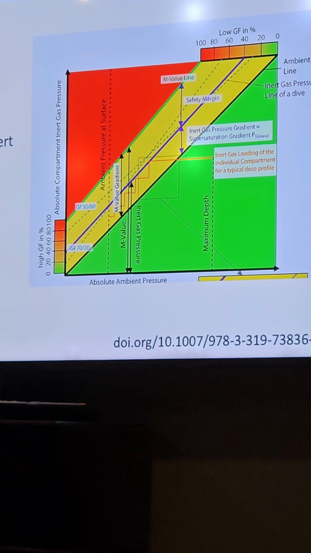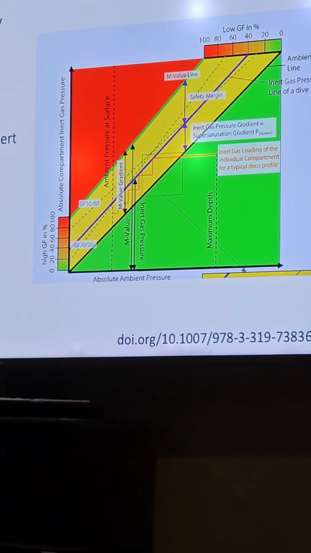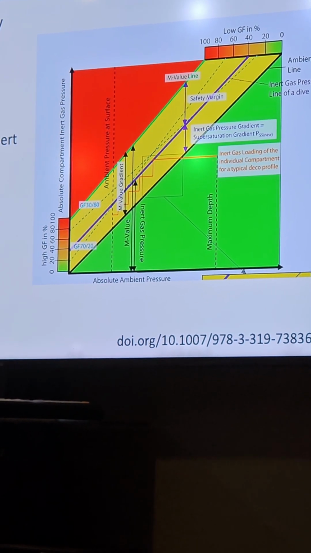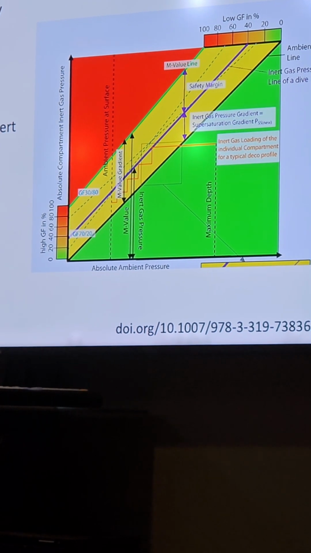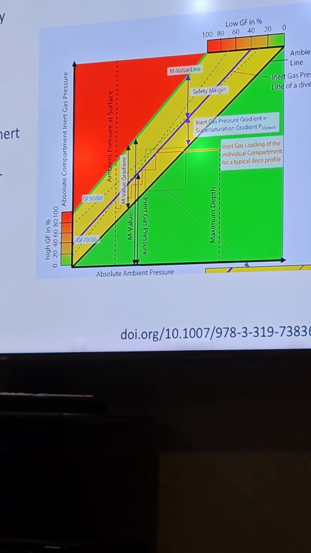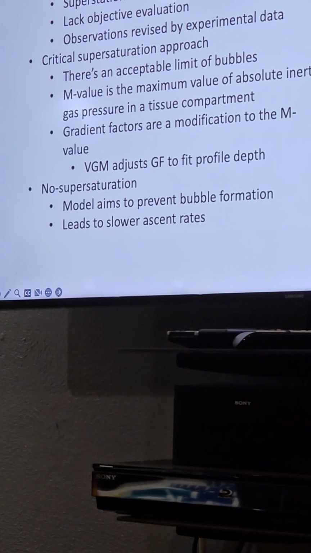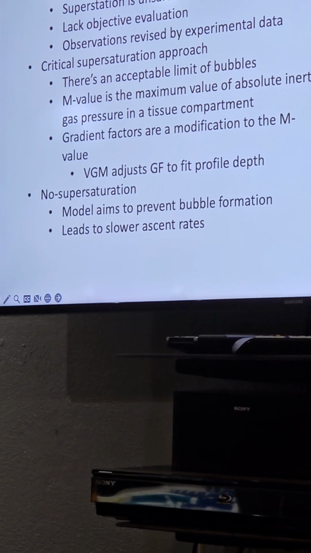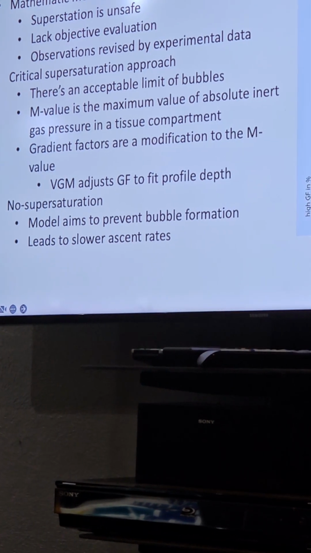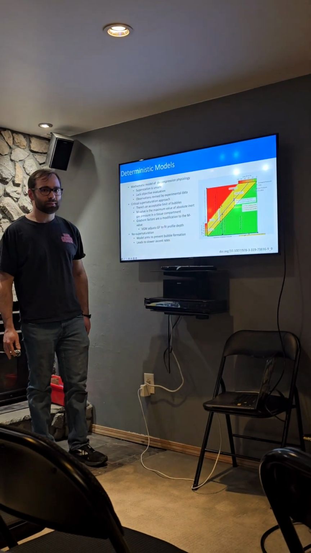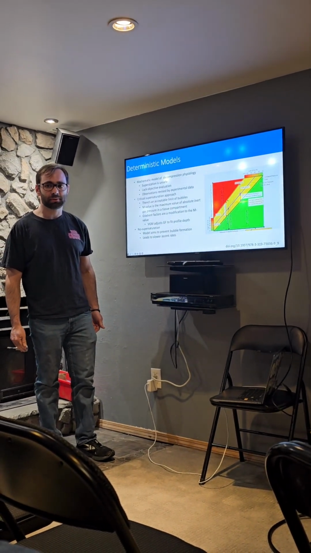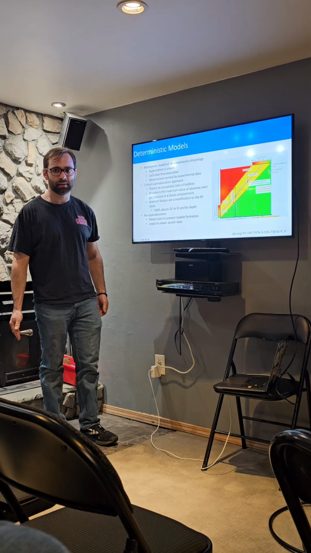For us, recreationally, larger is probably better since we're not all young, fit men. And the other camp is no supersaturation, whose goal is to prevent bubble formation overall. This is going to be like your VPM and standard algorithms. Overall, it leads to a slower ascent rate because we can have less difference in partial pressure between ambient and cell.